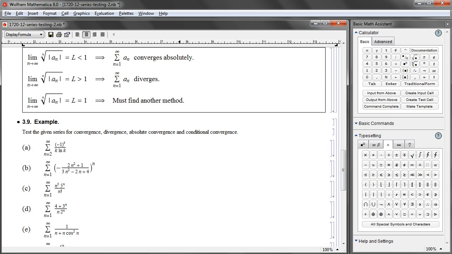And this is an example of a conditionally convergent series, as a matter of fact, because if I remove this -1 to the k power and get 1 over k log of k, you can apply the integral test and prove that the resulting series given by absolute values is divergent.